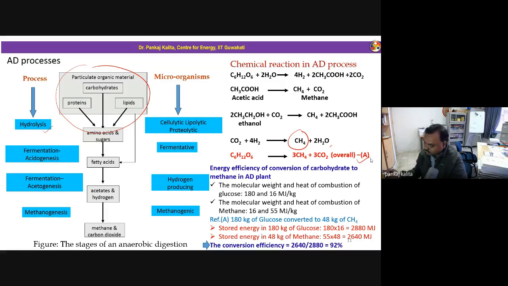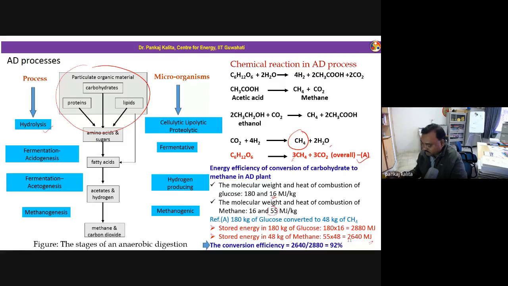The energy stored in 180 kg of glucose is 180 multiplied by 16 megajoule per kg, which gives 2880 megajoule. And the energy stored in 48 kg of methane will be 55 multiplied by 48, because there are 3 molecules, so 16 multiplied by 3 is 48. So it will be 2640.